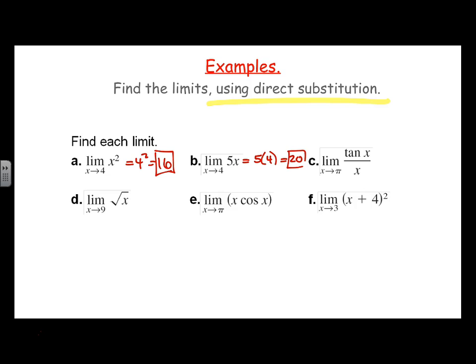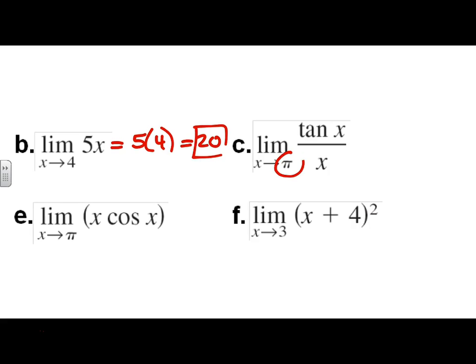Letter C. Oh no. Tangent has vertical asymptotes. X is in the denominator. It's not well behaved, but is it well behaved at pi? Yeah. Pi's not 0, so my denominator's okay. And for tangent of pi, if I think about my cosine and my sine, I end up with 0 over negative 1 all over pi.